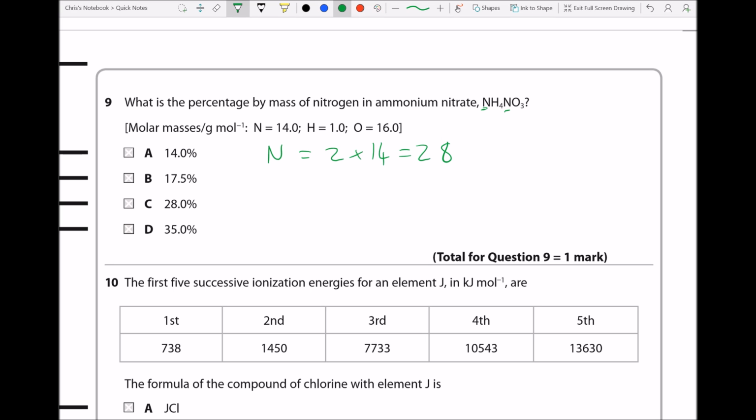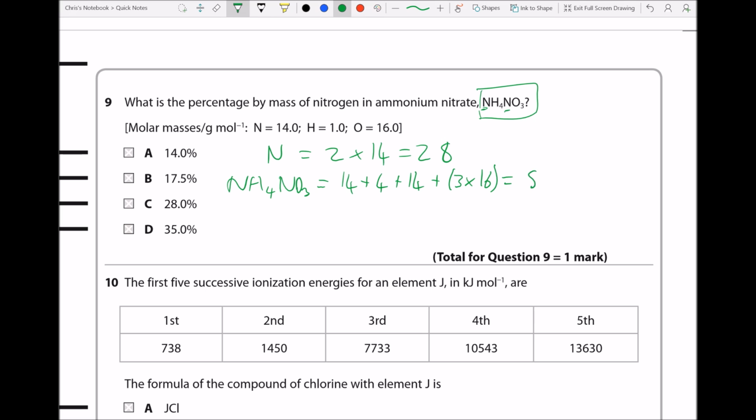Okay. And then all we have to do is work out the total mass of everything, of ammonium nitrate. So we're just going to add the whole lot up. It's going to be 14 plus 4, because of the 4 hydrogens, plus another 14 for the nitrogen there, plus 3 times 16 for the oxygen.